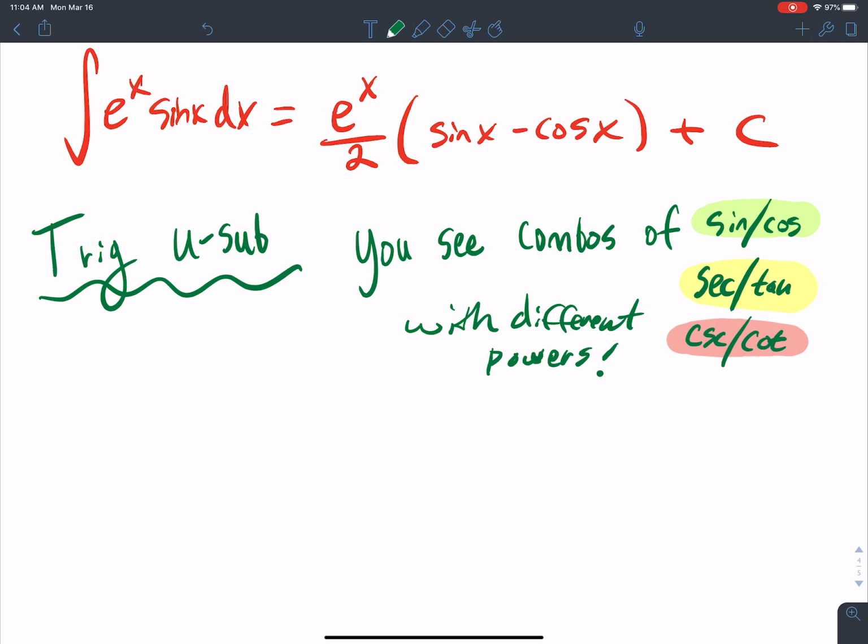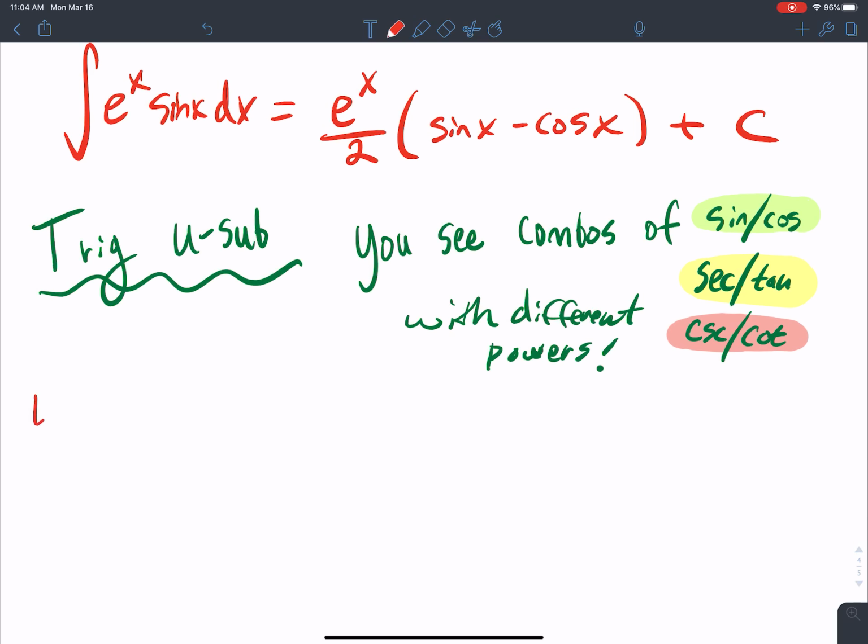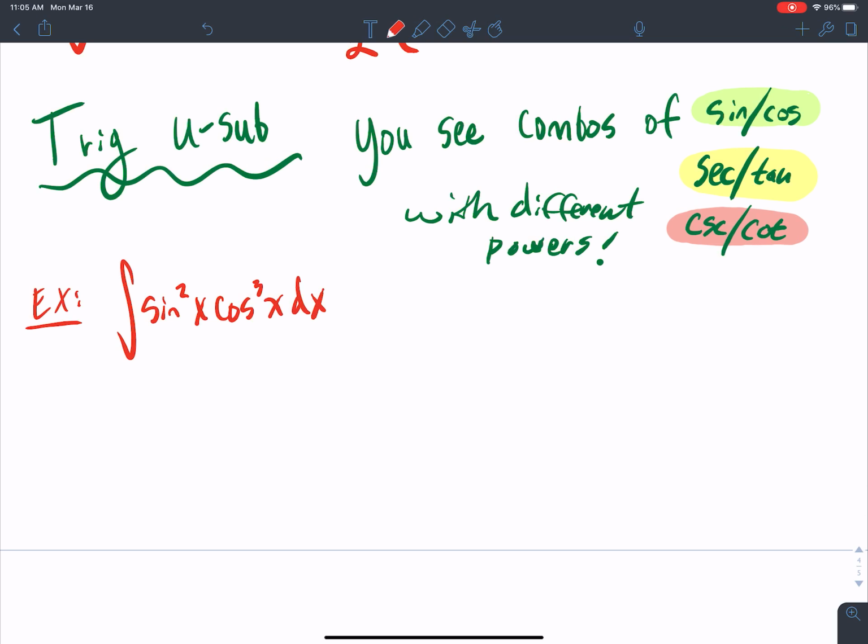So let me give you an example. You see something like this: the integral of sine squared x cosine cubed x dx. When I look at this problem, I think, why did I take Cal 2, right? Strip off a trig function.